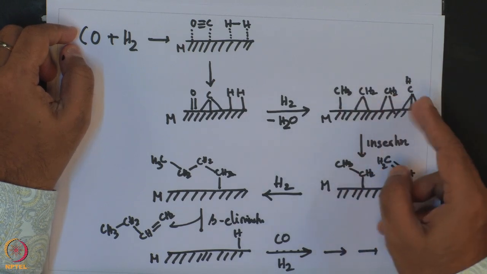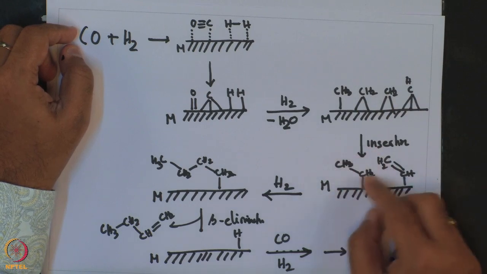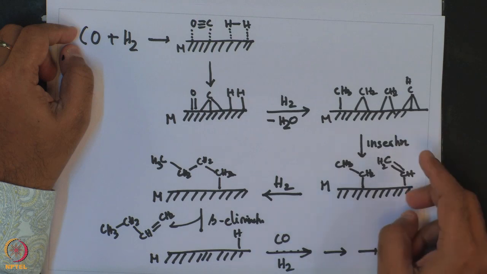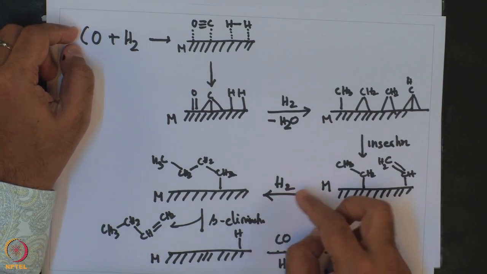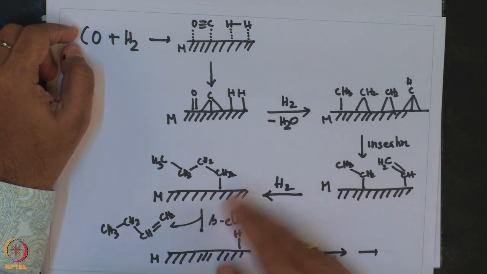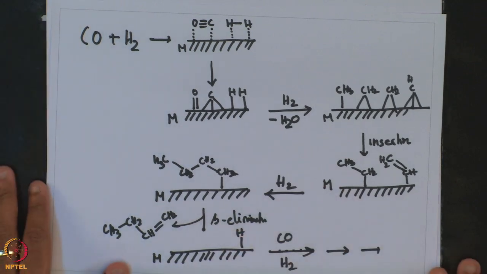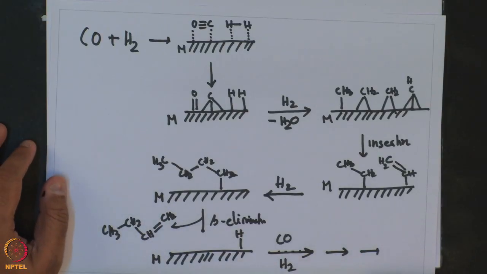Now, once they are formed, they undergo insertion to give the resultant higher homologs like ethyl or vinyl moieties, which in presence of hydrogen undergo further insertion to give butyl moieties, which eventually will beta eliminate, giving an olefin and metal hydride, and then the same sequence continues.